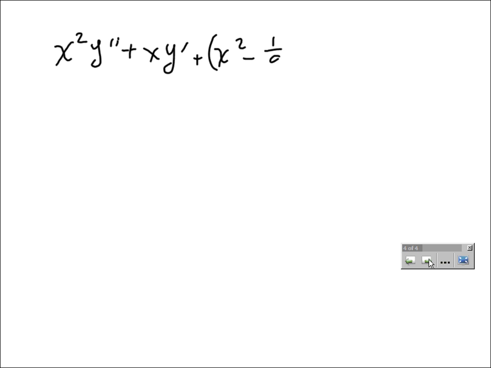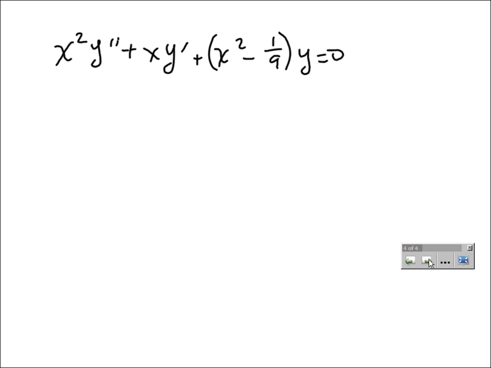So let us look at one example. Suppose you have x squared y double prime, and it's very simple, plus x y prime plus x squared. Now, normally it's minus v squared, but let's suppose I have a third.